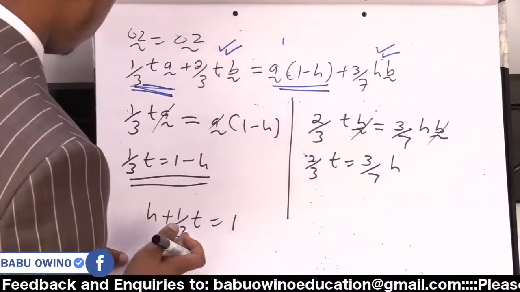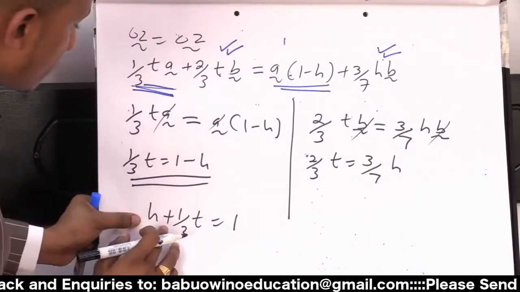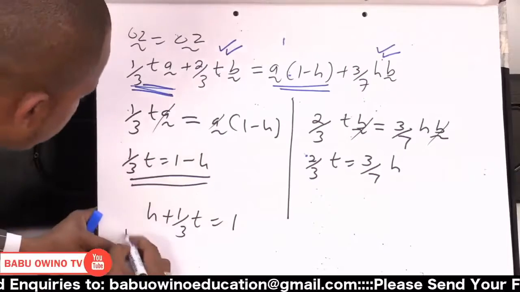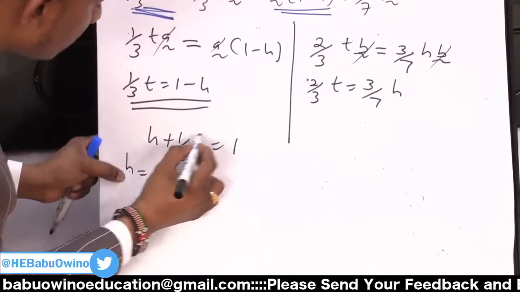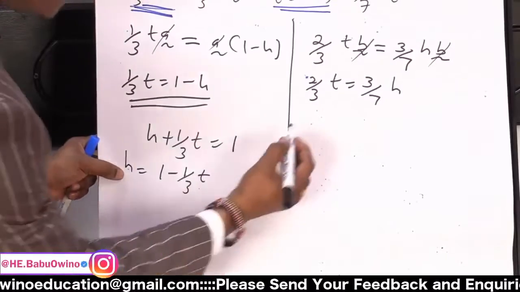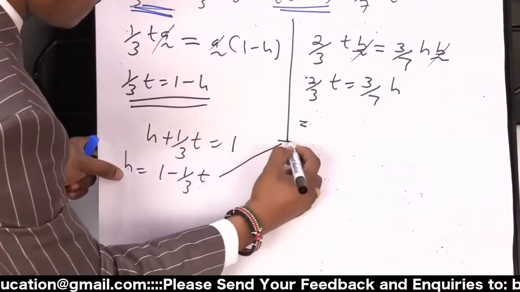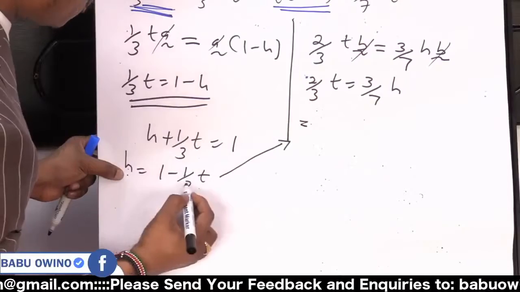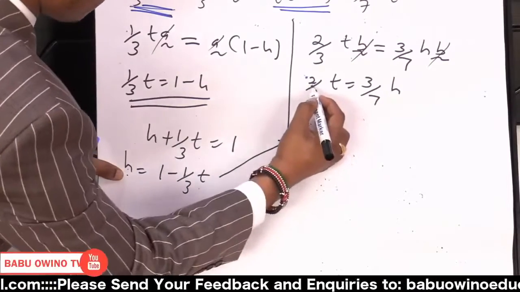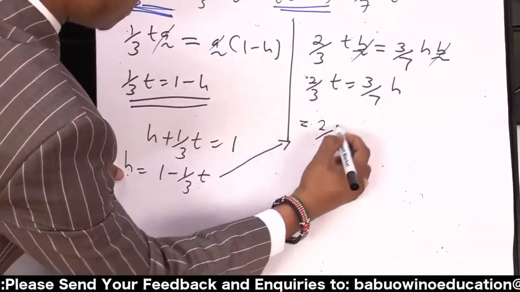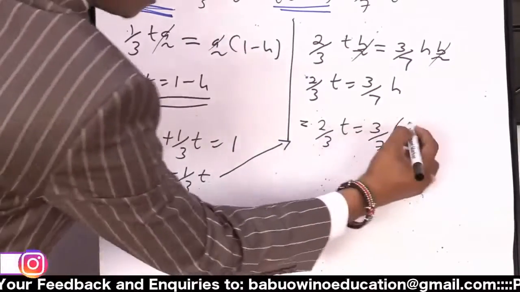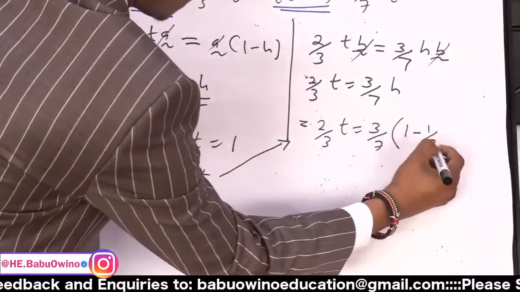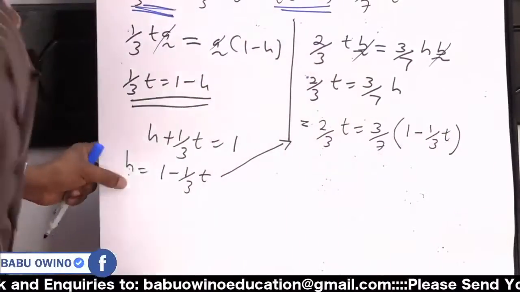So from here we can replace the value of H. So H equals 1 minus a third T. H equals 1, then a third crosses the other side, becomes minus. So you come here, then replace it. Where there is H, you replace by this. So you say this is 2 over 3T equals 3 over 7, but H is 1 minus a third T. Then open the brackets.